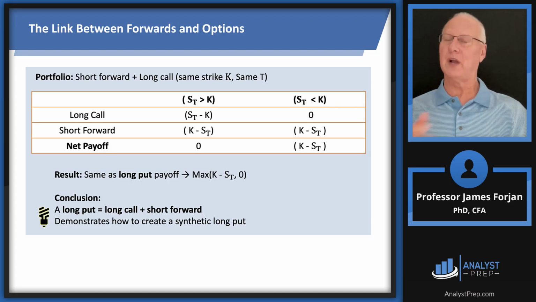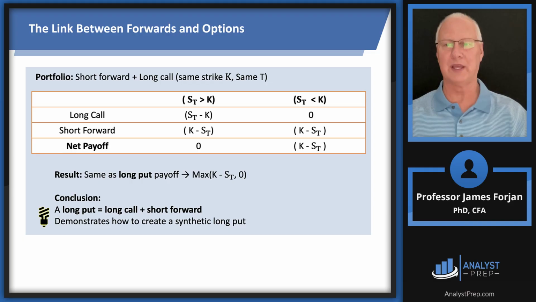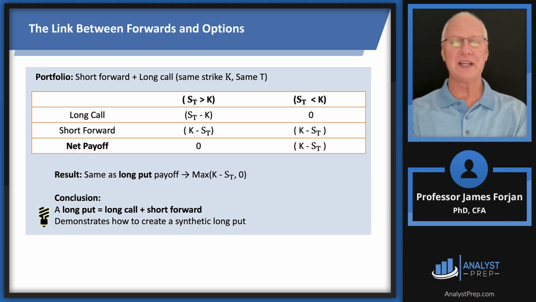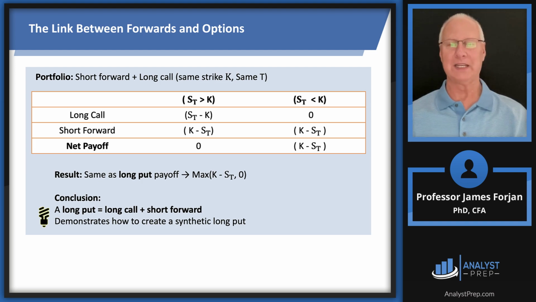On the other hand, if the stock price is less than the exercise price, we have a zero for the call option, and we have K minus ST, so we're left with K minus ST. But this is the exact same thing as owning a put option. It's the maximum of zero and K, the exercise price, minus the underlying stock.